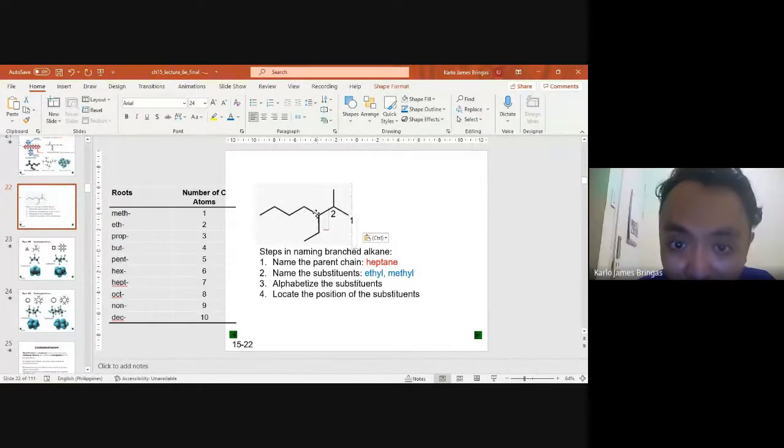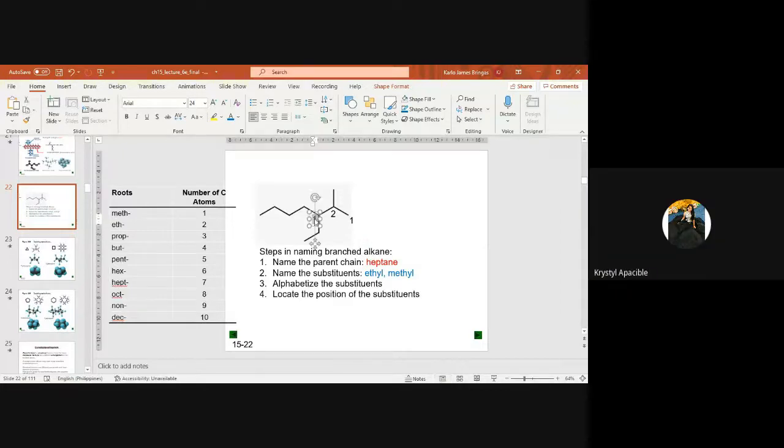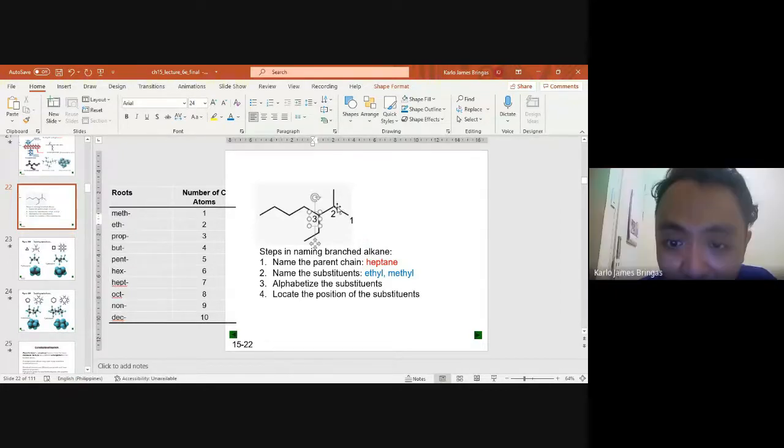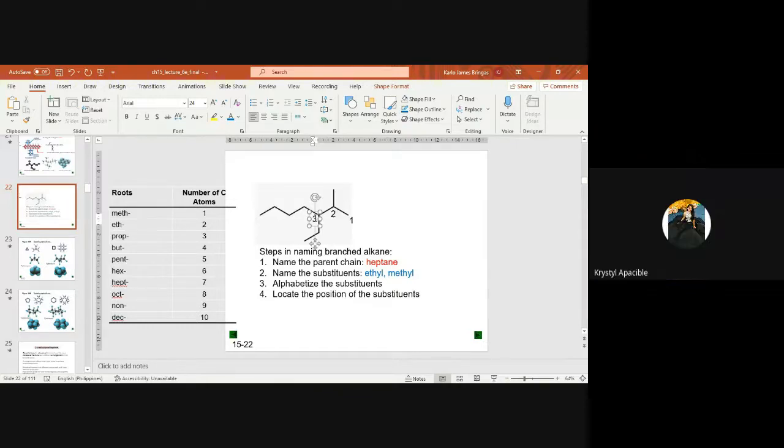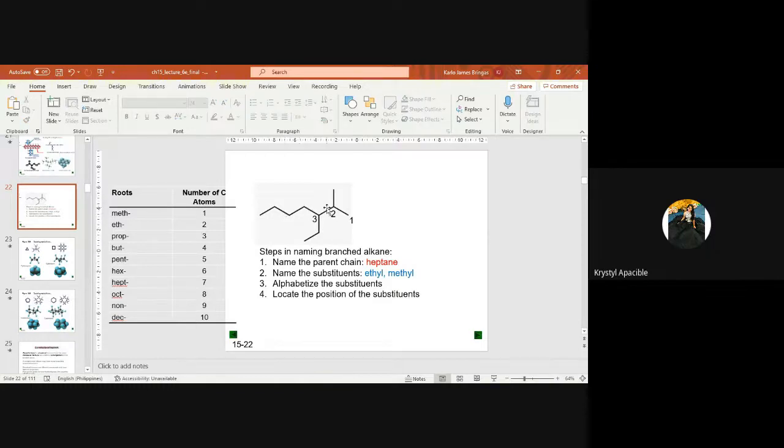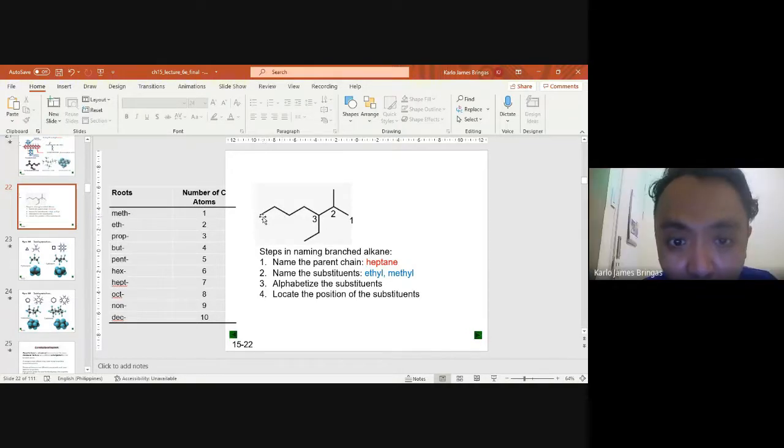So if I do it like this, ang ating methyl nasa carbon number 2. At si ethyl nasa carbon number 3. If you try to do it in a different direction, if you number it from left to right, so ngayon meron tayong 1, 2, 3, 4, 5.